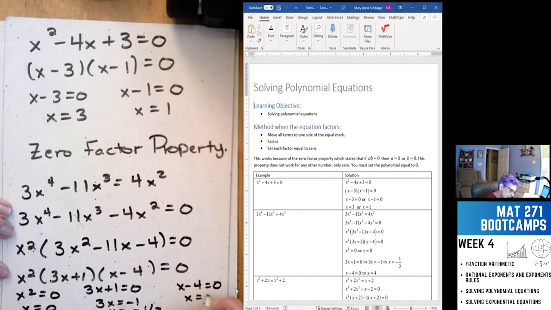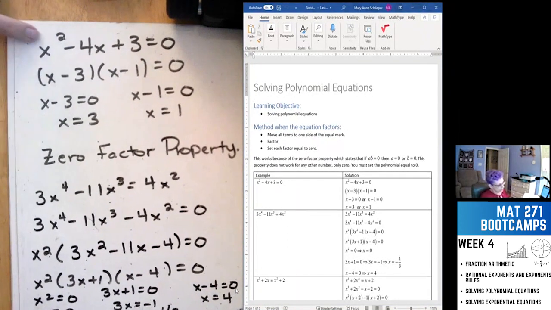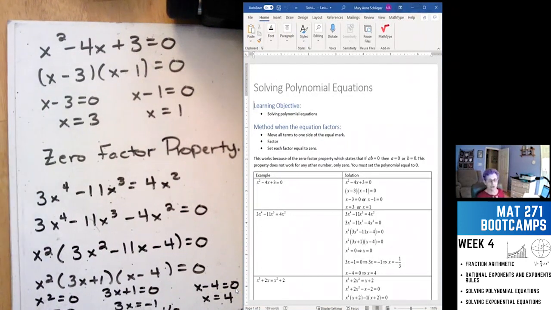If x minus 4 is 0, then x is 4. Your biggest exponent is the maximum number of solutions you'll have. This one we had a quadratic, and we happened to get 2 answers. This one we had a 4th power, and we have 3 answers, because this one's a double.